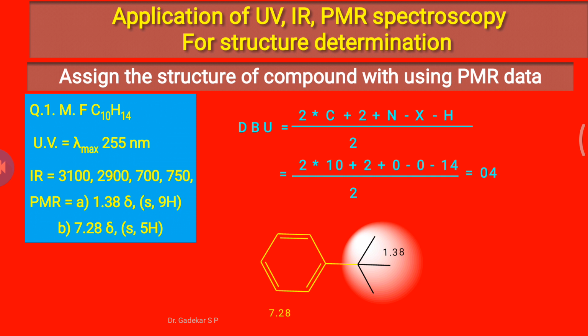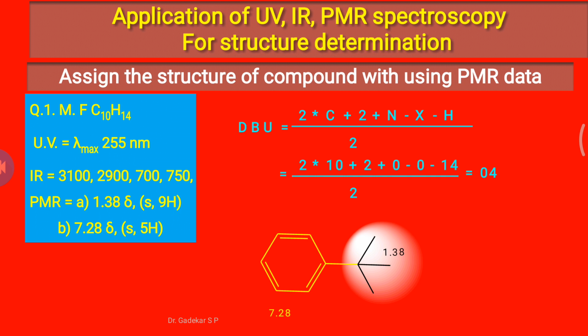The molecular formula is C10H14, UV lambda max is near about 255 nanometer, and the IR information: peaks near about 3100 cm inverse, second 2900 cm inverse, third 700, fourth 715 cm inverse. This is the IR region.